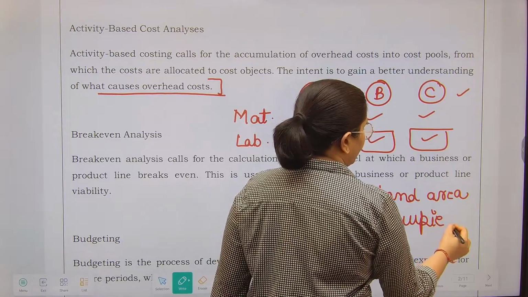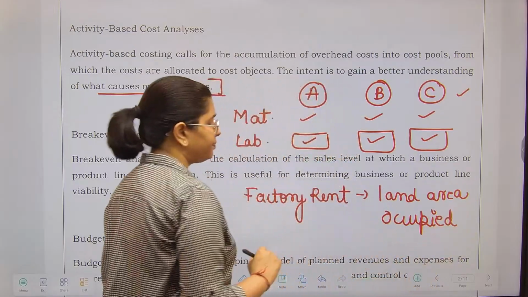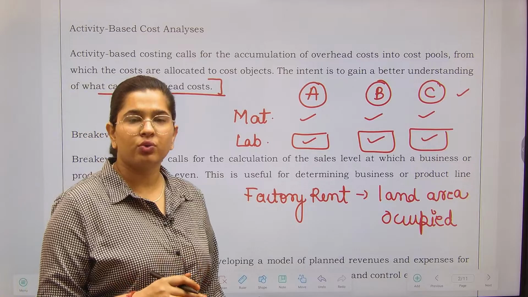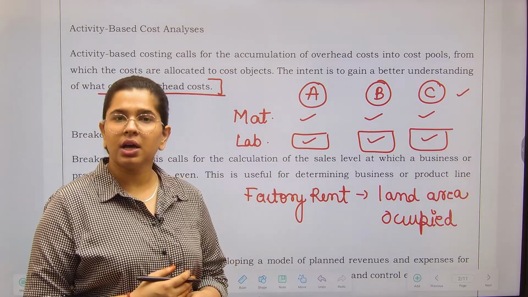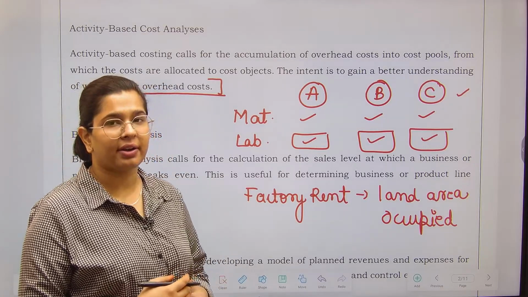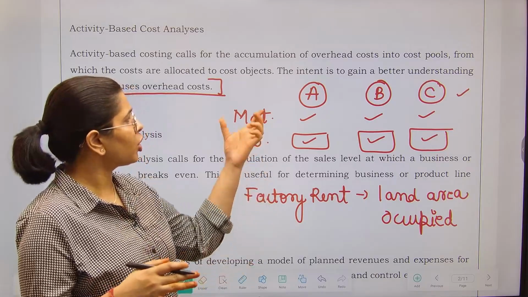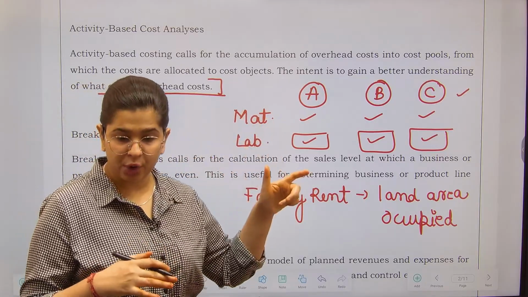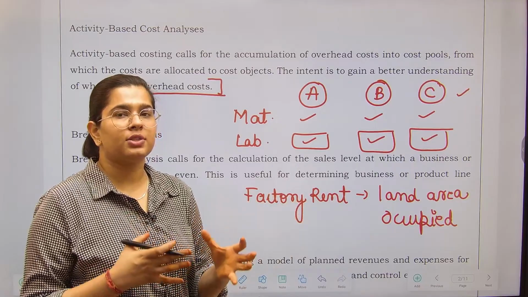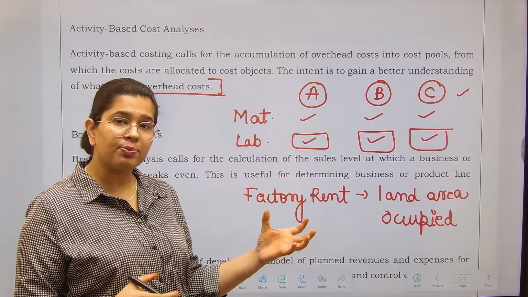For example, my factory is having a space of 1000, right? 1000 is the space for my factory. So how much space is occupied by A production? How much space is occupied by product B's production?